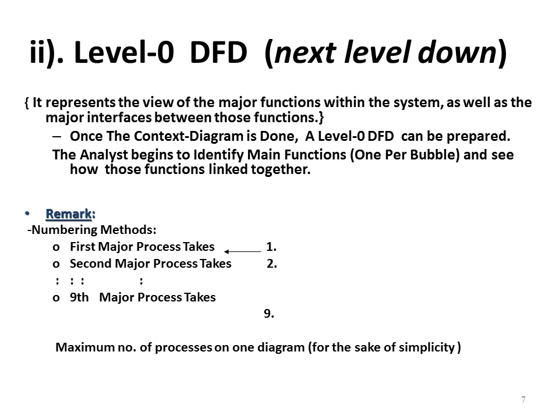So how can we create or construct level 0? We need to identify the main functions. Each function is going to be represented as one process bubble. We need to start from the first major process and number it with number 1, the second major process number 2, and so on.